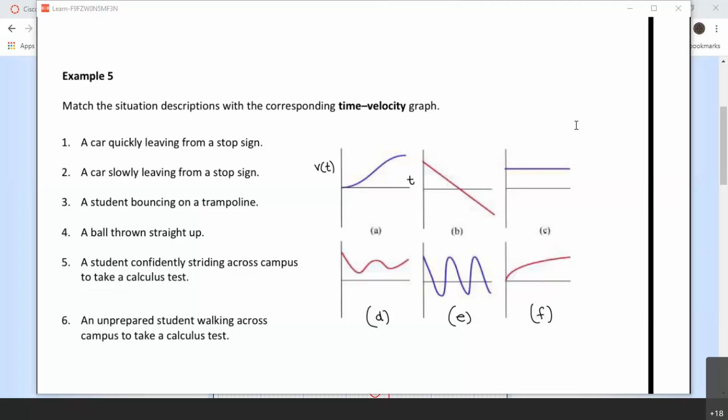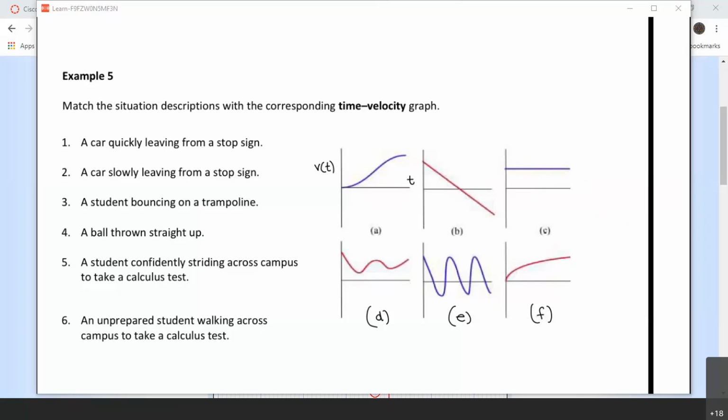Okay, great. These are hard. I'm not going to kid you. The ones with position are a little easier, but velocity is kind of hard because you have to figure out how the velocity is changing in the story. I suggested starting with the straight line ones, and I noticed a few of you did. Let's look at C. C is a constant velocity graph.